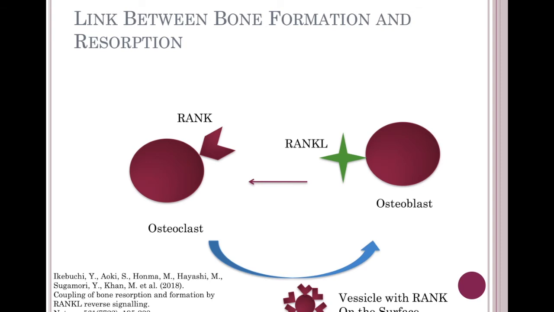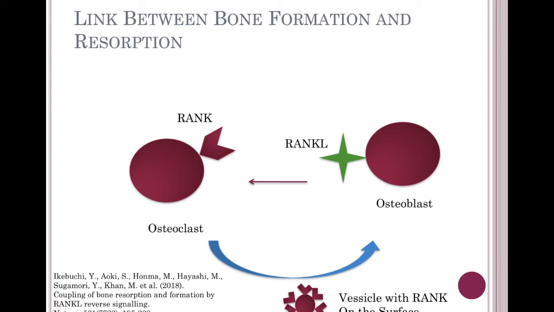So one of the important parts of this, and to kind of reiterate that this is all a cycle of formation and resorption, is that there's a link between bone formation and resorption. I deliberately put this RANKL on the surface of the osteoblast because it is expressed in the osteoblast, and when they're activated, the RANKL can actually activate the RANK, which stimulates the osteoclast to resorb the bone. So in that way, there's a maintenance cycle. And again, this is an incredibly complicated picture.